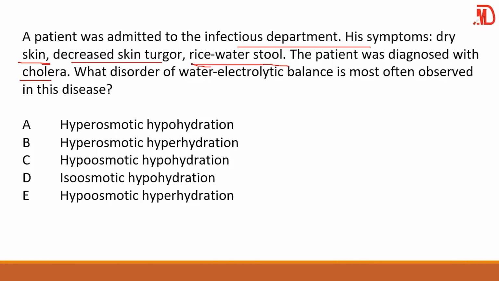No, in rice water diarrhea, there's equal amount of decrease in water and salt. I repeat, in rice water stool, there's a proportional decrease in water and then in the solute or in the salt. So we can term it as iso, because there's equal amount of water and the salt being excreted.